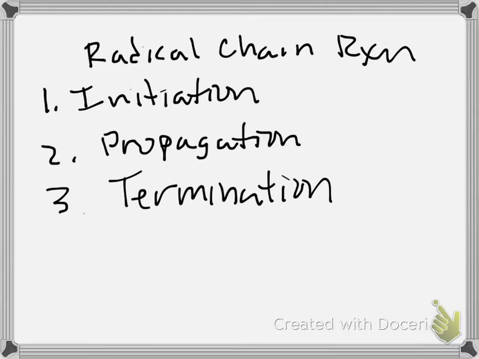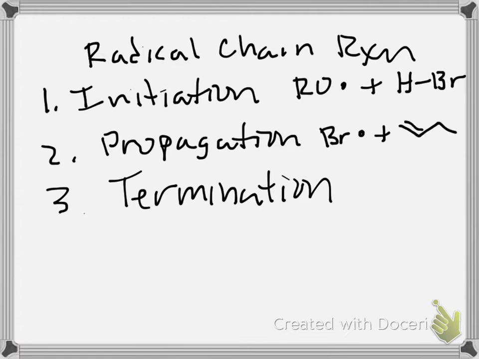You can go back through the slides now and see which of these reactions falls under which general category. So the initiation, for instance, was when the first peroxide free radical reacted with HBr. That was an initiation step. Once you got the bromine radical, then you entered the propagation stage, where the bromine radical was reacting with the alkene.